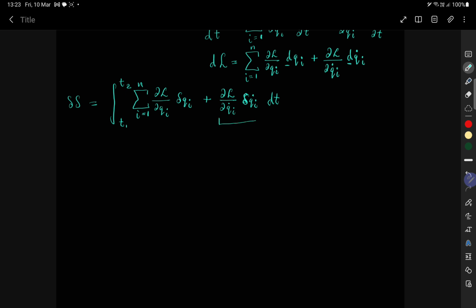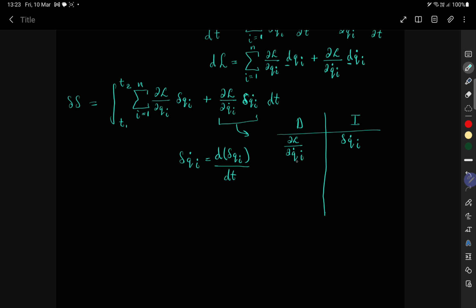You can see this is technically similar to the product rule, so we'll just apply integration by parts to it. Just remember that delta q dot i is the same as d delta qi over dt. Okay, so I will put delta q dot i here, and we'll put partial L by partial q dot i here.